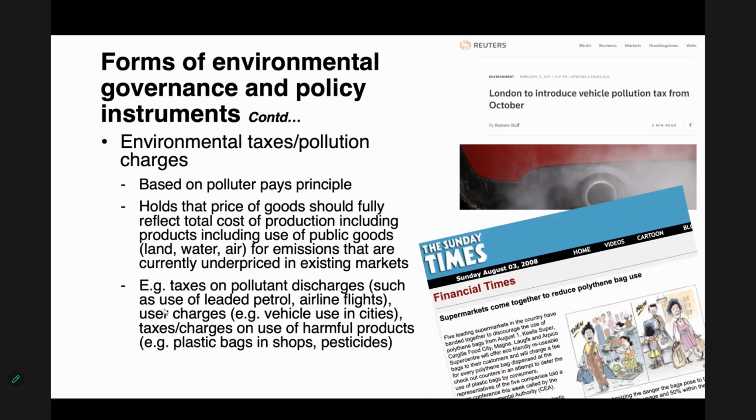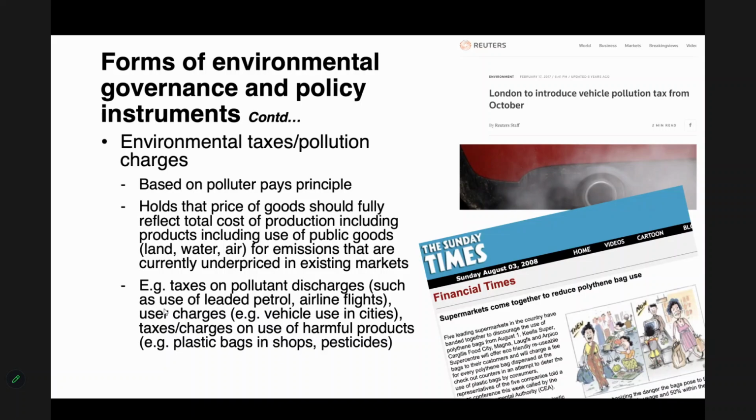So say today we have certain taxes that are based on discharging certain pollutants. Say there can be taxes on leaded petrol, or airline flights. There are certain charges placed on users of certain activities.